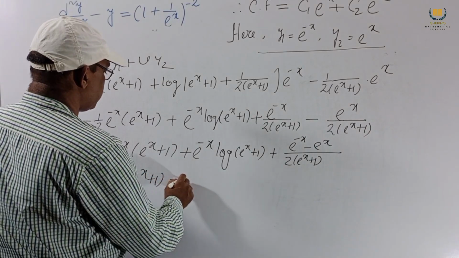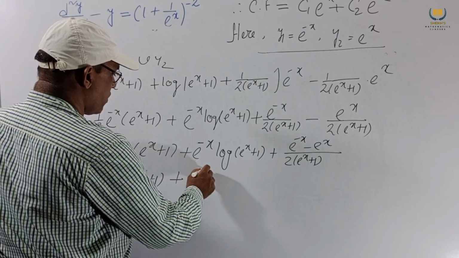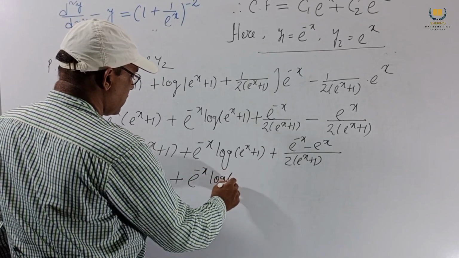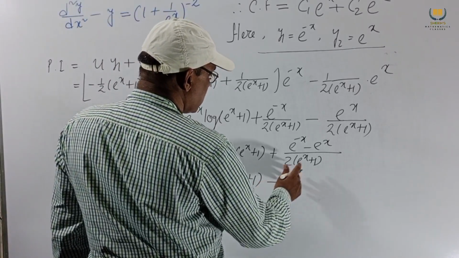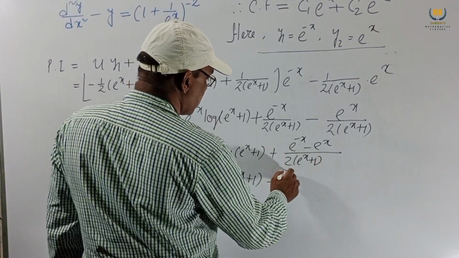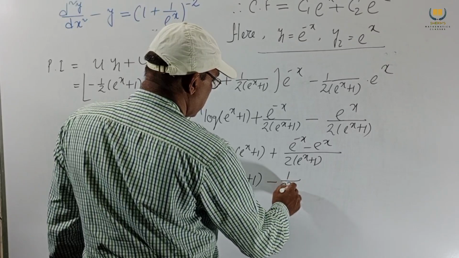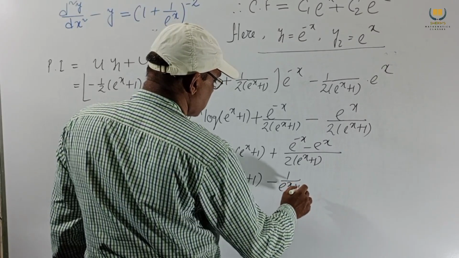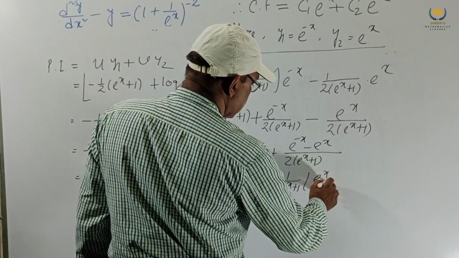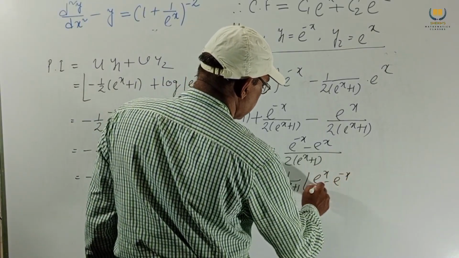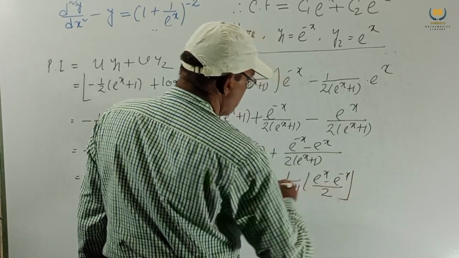And this is e to the power minus x log of e to the power x plus 1, and from this taking the minus sign common, and e to the power x plus 1 also common, then we get e to the power x minus e to the power minus x by 2.